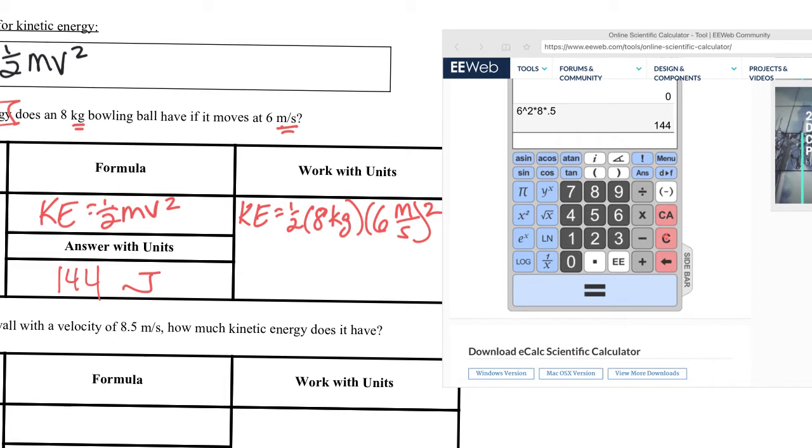You can do 0.5 times 8 times 6 squared. That's fine. If you're scared of the squared button or you can't find it, you could do 0.5 times 8 times, guess what? Squared is just 6 times 6. That also works. So find a way that works for you. If you need help, come to AT. All right. Let's keep going.